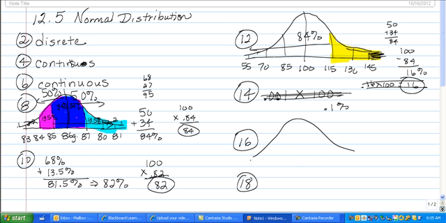You'll notice again, I'm still drawing the picture. The mean has a z-score of 0. That's important to know. And 0.92 is the very first one.